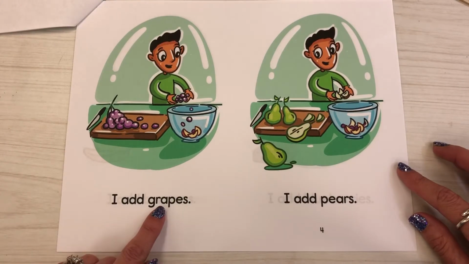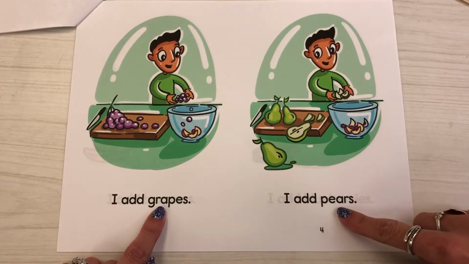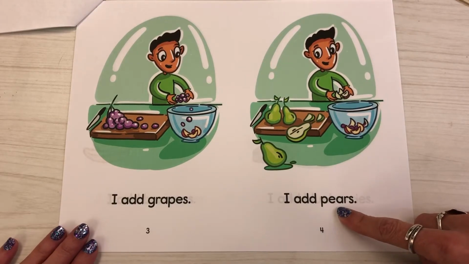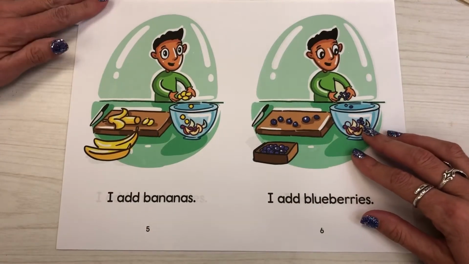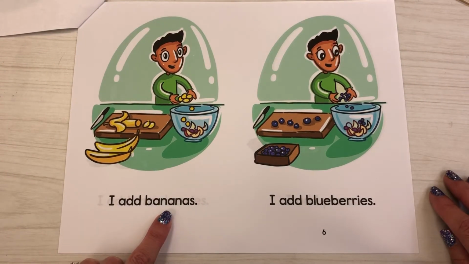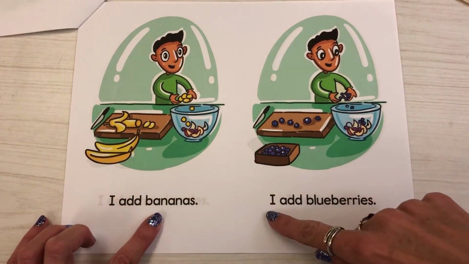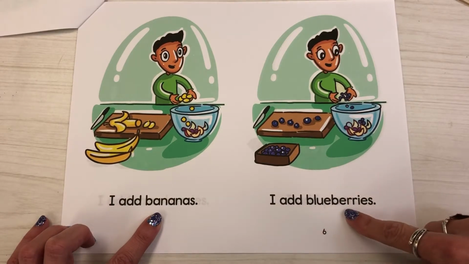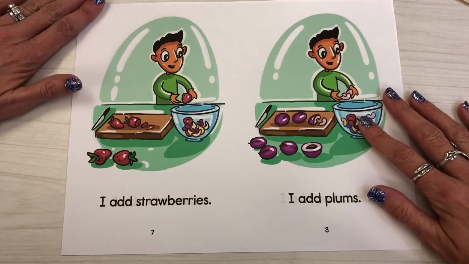I add grapes. I add pears. I add bananas. I add blueberries. Repeat after me.